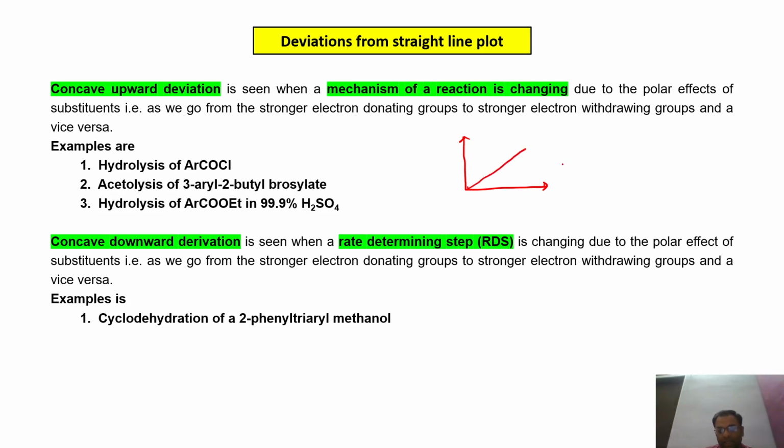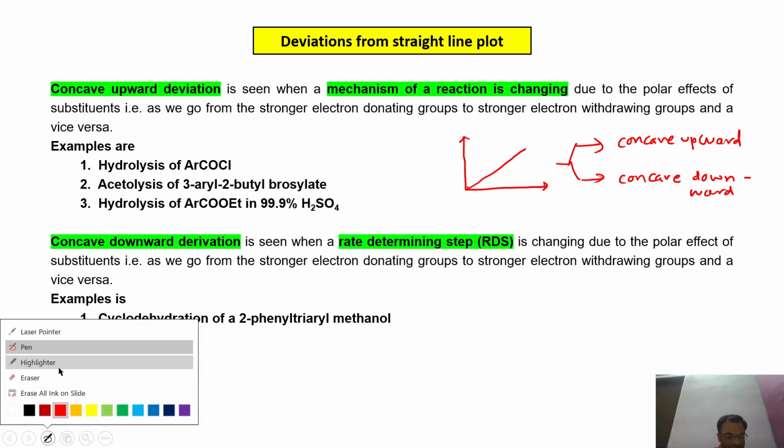But this straight line relationship sometimes shows a deviation, and that deviation may be either a concave upward deviation or a concave downward deviation.